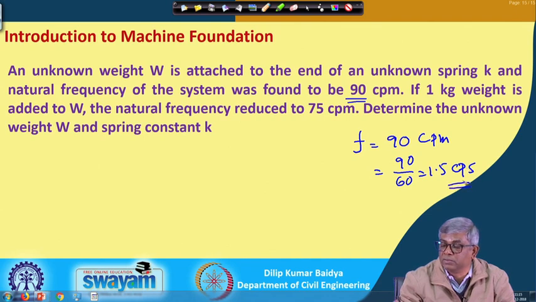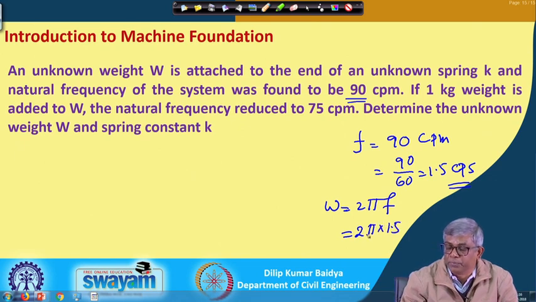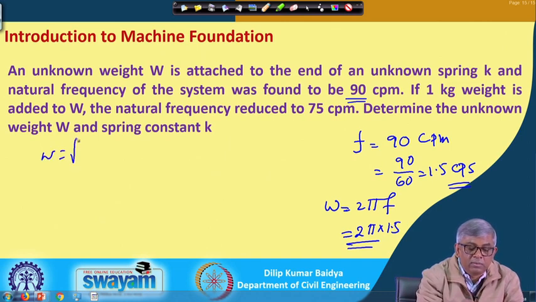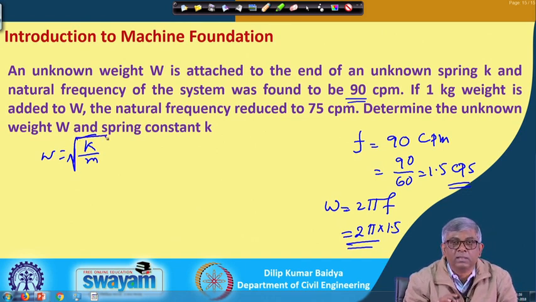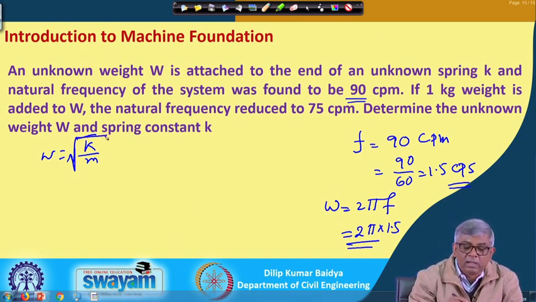That is the unit that has to be used, and you know omega equals 2 pi times f. So, omega will be equal to 2 multiplied by pi multiplied by 1.5, and we know that omega equals under root k over m.